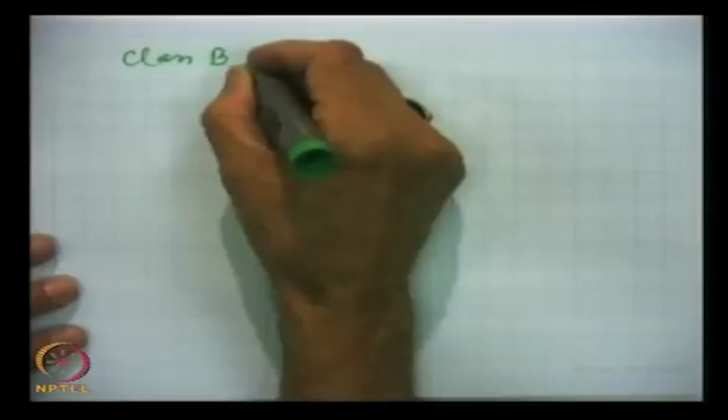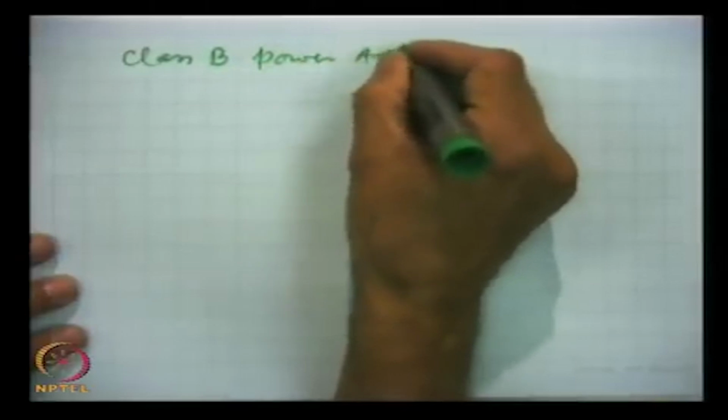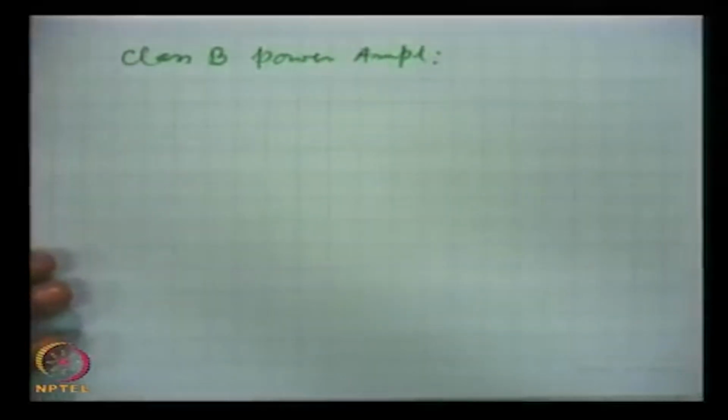In class B power amplifier, we choose the operating point at cutoff.